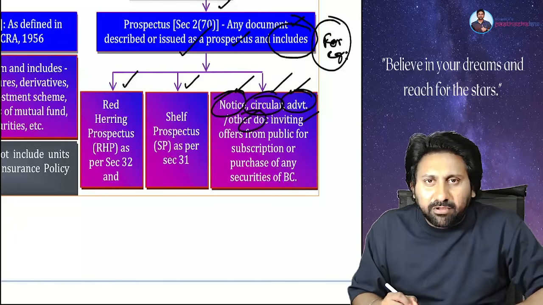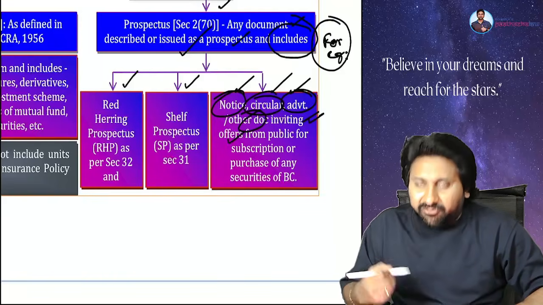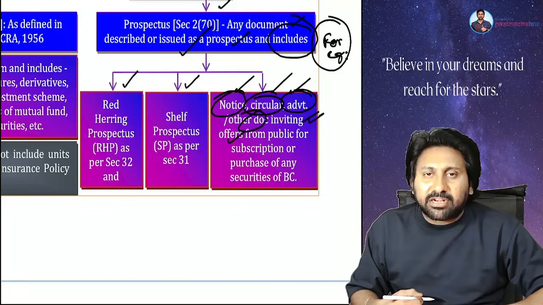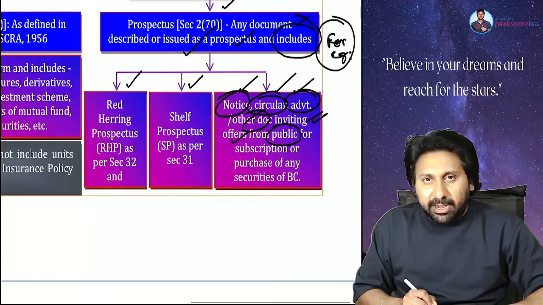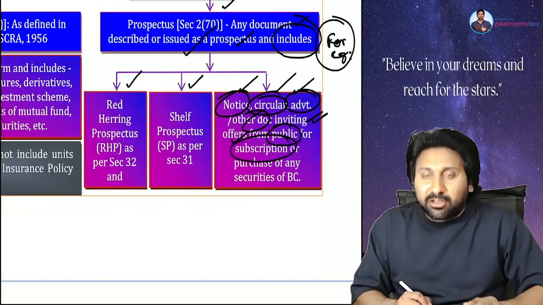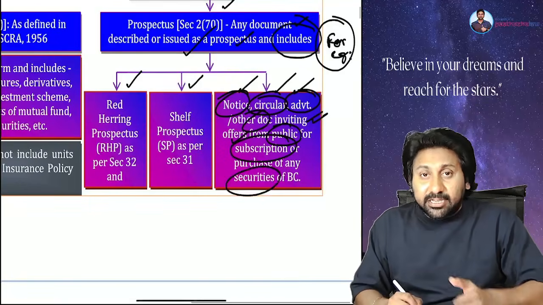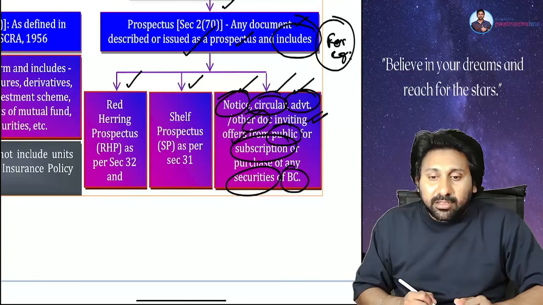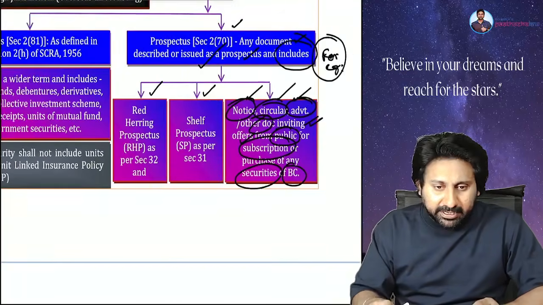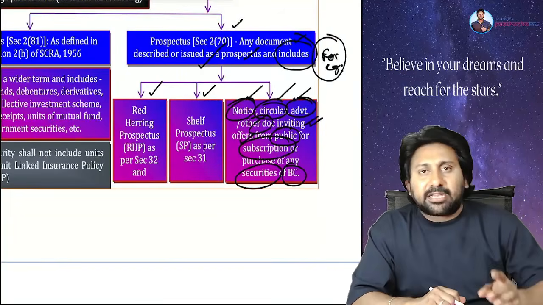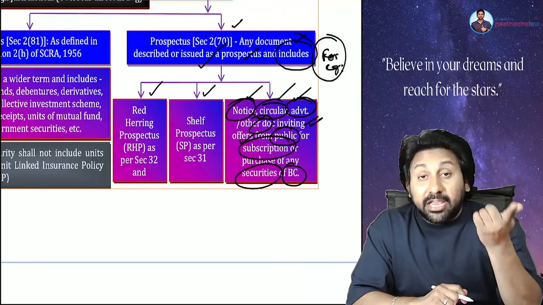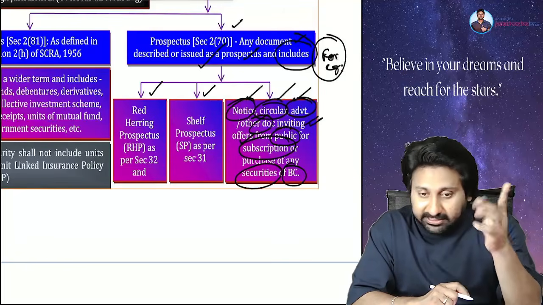What is your motive? The motive is to invite the offers. From whom? Public. For what? Subscription. Subscription of what? Securities. Securities of whom? Body corporate. That's it. It will become a prospectus. So what is the definition of a prospectus? Prospectus means any document described as a prospectus, over.